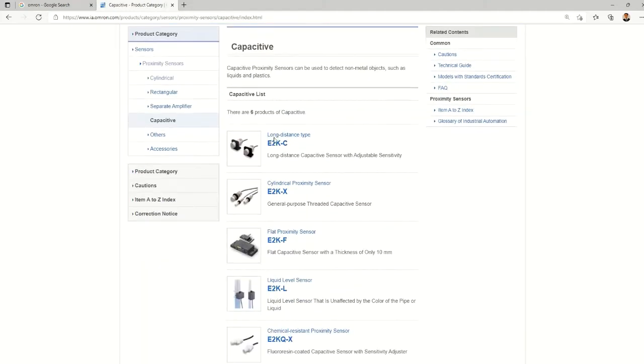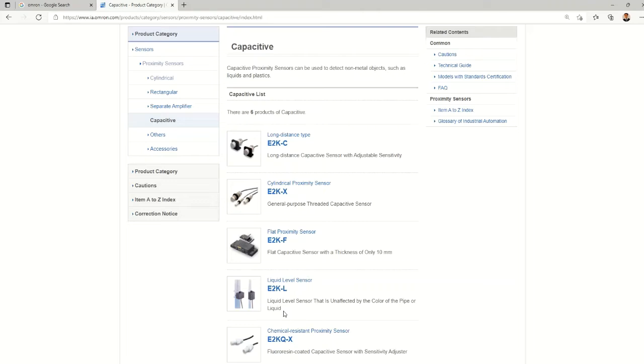Now here you could see different types of categories like long distance type, adjustable sensitivity, then we have cylindrical proximity, which is general purpose, then we have flat proximity sensors which can be mounted on the tank. Liquid level sensor, you could see the application which we were discussing, so they can be easily mounted on the tubes.